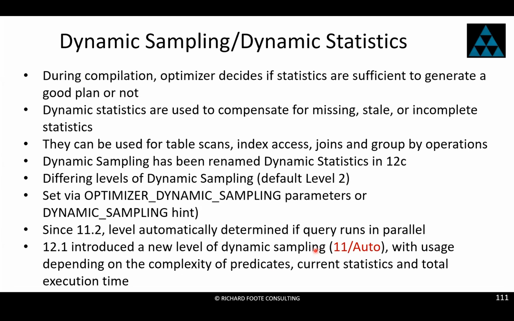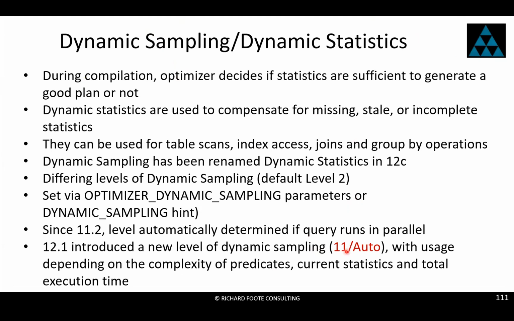So another thing that Oracle can do is what's called dynamic sampling. Dynamic sampling is where Oracle can look at the data as it parses the statement, so I can actually learn on the fly, because the statistics are such that I'm not confident that my estimates are accurate. Dynamic sampling is actually being rebranded as dynamic statistics.